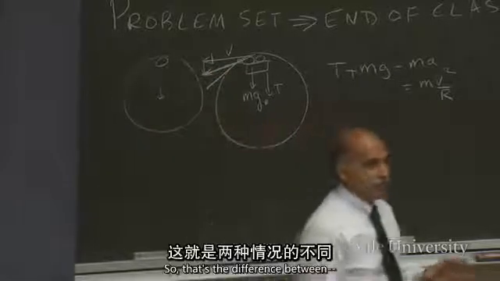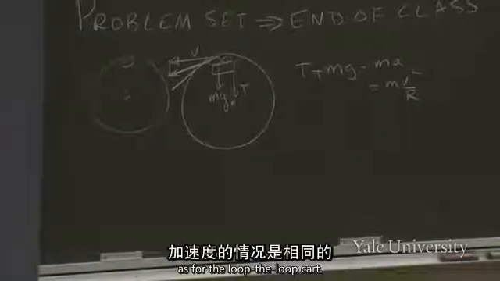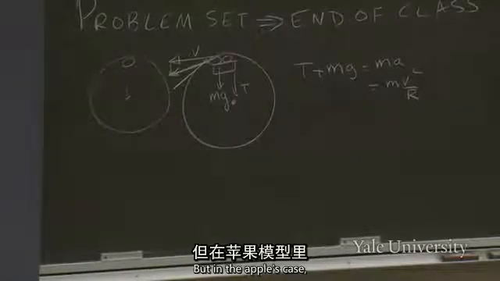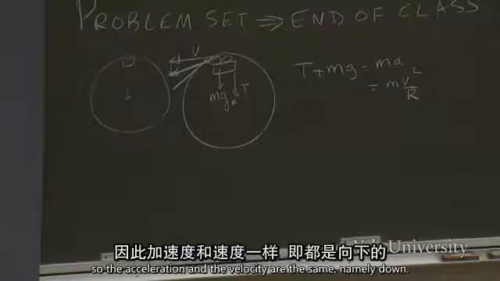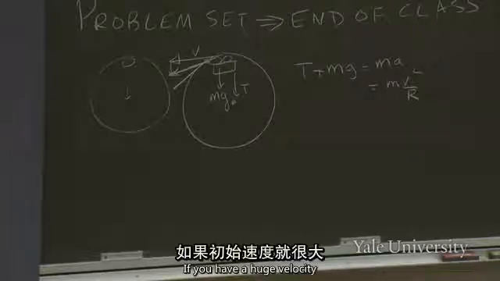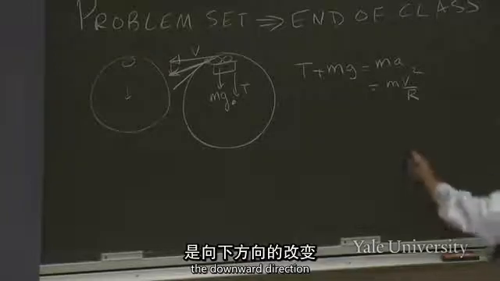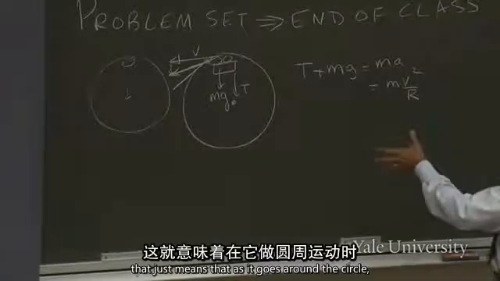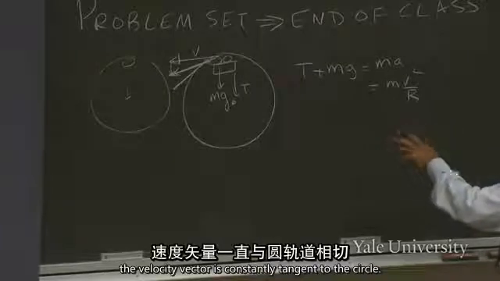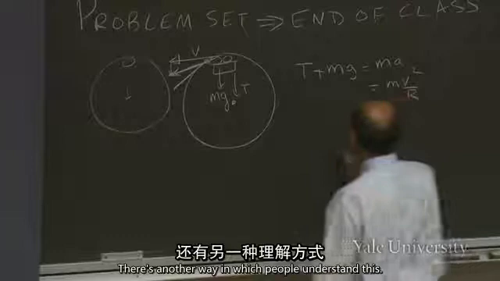So the acceleration is the same for a falling apple as for the loop cart. But in the apple's case, it is added to zero initial velocity, so the acceleration and the velocity are the same, namely down. If you have a huge velocity to which you add a tiny change in velocity in the downward direction, you rotate the velocity vector. That just means that as it goes around the circle, the velocity vector is constantly tangent to the circle. There's another way in which people understand this.